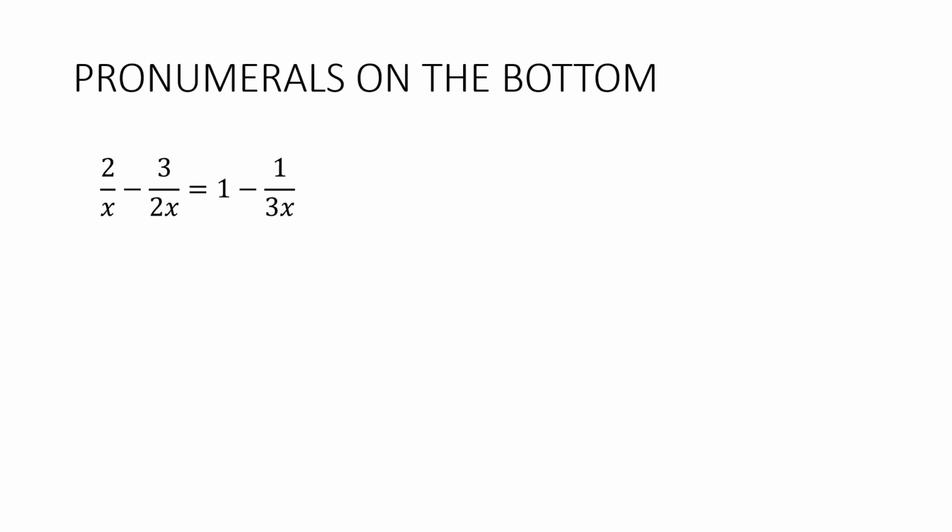And one more. Okay, pretty ugly question, isn't it? We are going to multiply by the lowest common multiple of x, 2x, and 3x. So we want something that x goes into, 2x goes into, and 3x goes into. And that's going to be 6x. So I'm going to times everything by 6x, like this.